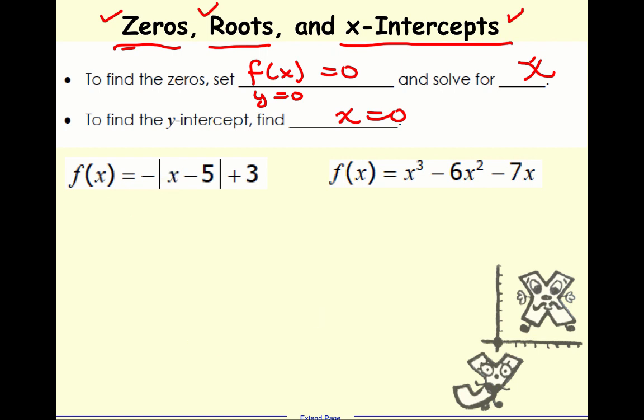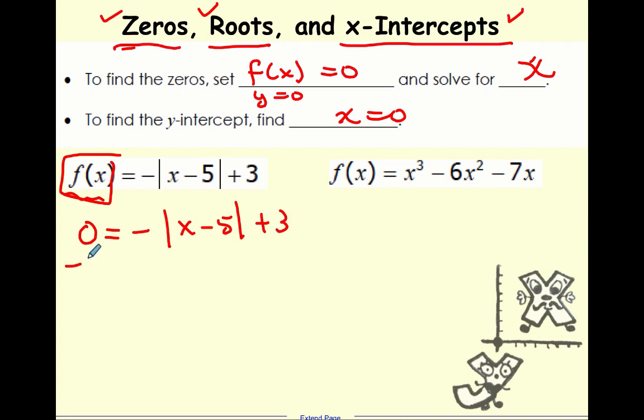Now let's look at how to figure out the x-intercept. Remember, the x-intercept is when you take the function, or whatever y is in function notation, this part right here, and replace it with a 0. Then we solve this equation to get x by itself. Remember, with absolute value equations, we could have two solutions. First we have to isolate the absolute value part.